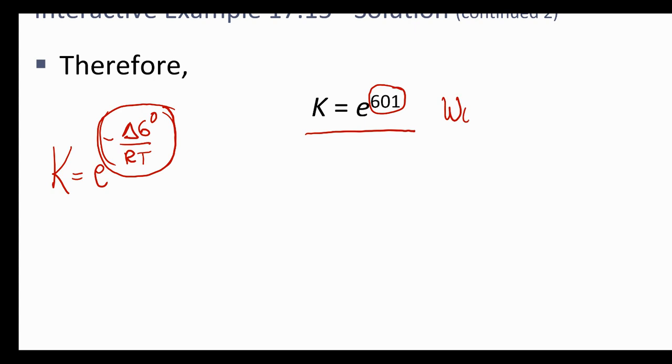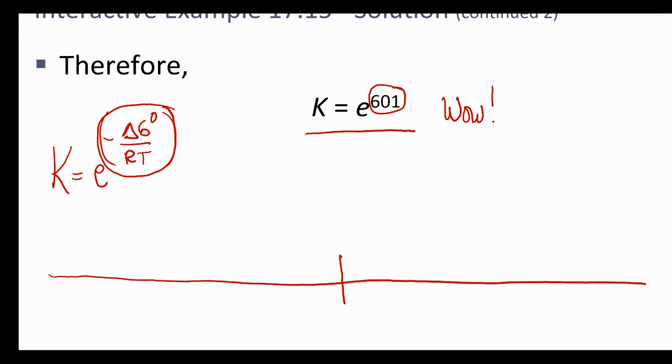So this is wow. What I want you to think about is, in our time together this semester, we started our path together with reversible reactions where K equilibrium was around 1.